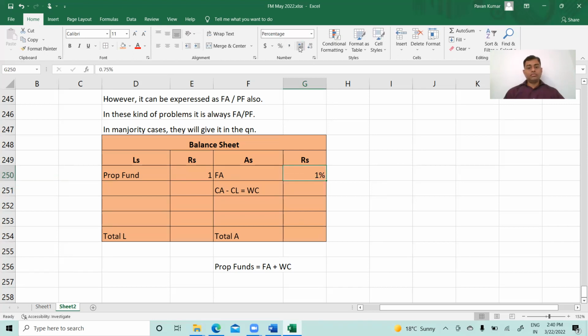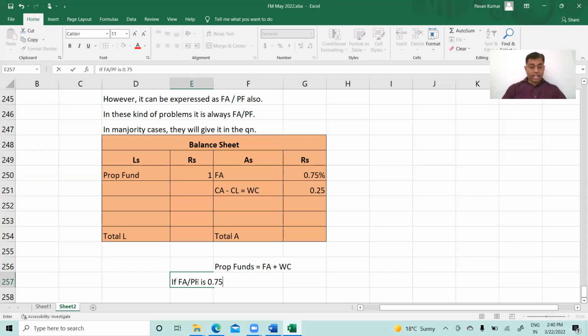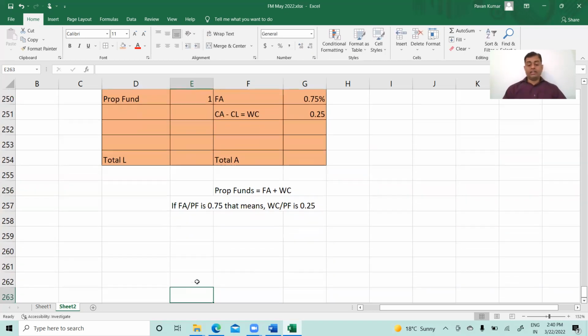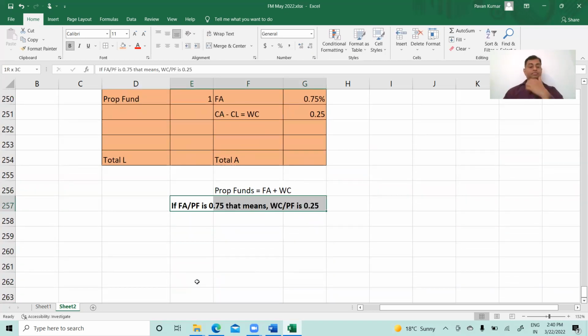Is it right? This is not 0.75%, it is 0.75. So guys, please try to understand, if fixed assets by proprietor funds is 0.75, that means working capital by proprietor funds is 0.25. Do you agree with me? Out of proprietor funds, if 75% is invested in fixed assets, the balance 25% is invested in working capital.